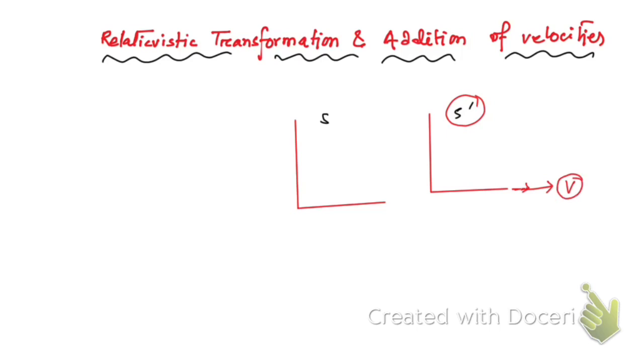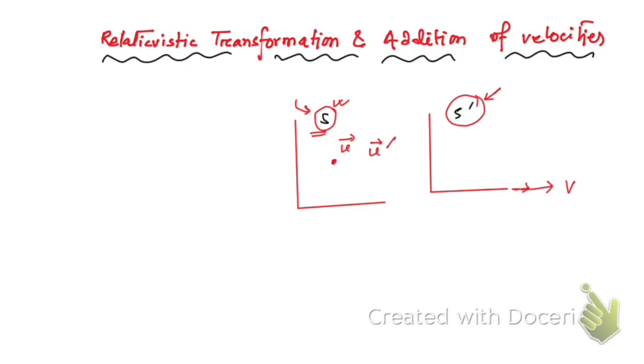Here we have considered S to be stationary. And let us consider a particle. Let it be moving with velocity u relative to the S frame, and with respect to S dash, its velocity be u dash.